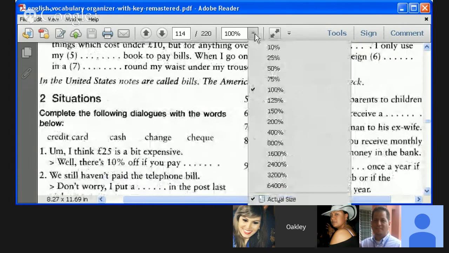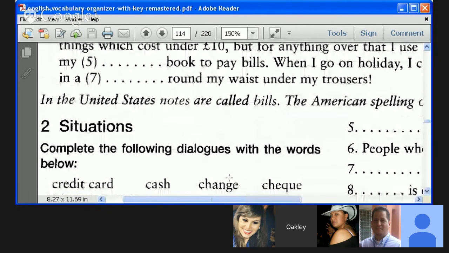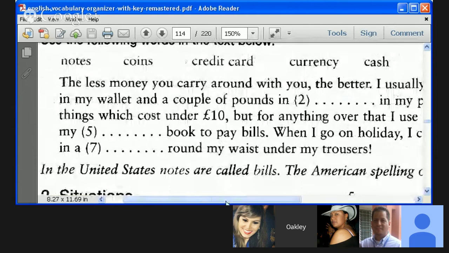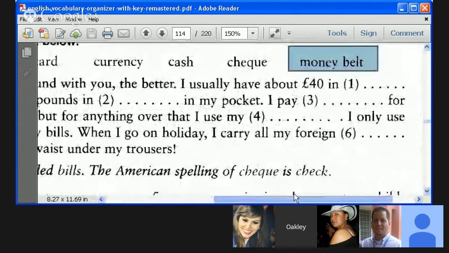I don't know what a money belt is. Money belt. It's like a belt, but it has a purse attached to the belt. You know, a purse, something with a zipper that you can put your money in. So you put this belt on under your clothes, so that it's not like your wallet in your pocket.